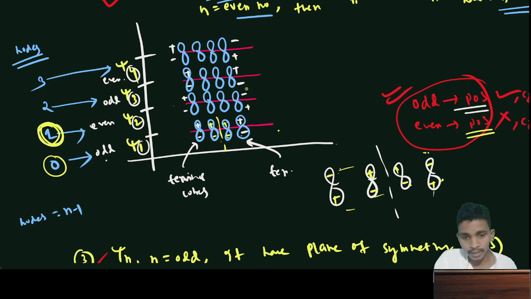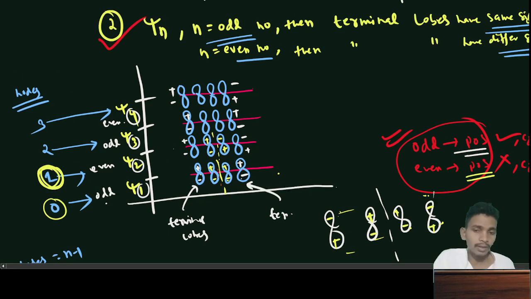There is no plane of symmetry, because this would have to reflect. If I make here positive and here negative, and here negative and here positive, then I see there is one node here, and here a bond, here a bond. So this is the psi 2 function.